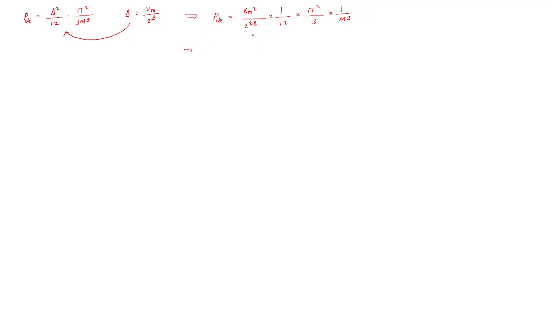Further we can bring this 2 to the power 2B over this side, and we have 1 over 12 into pi square by 3 into Xm square into 1 over M cube into 1 over P_dE.